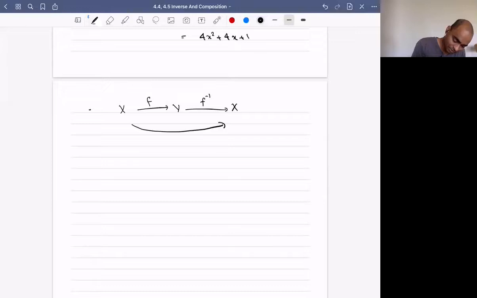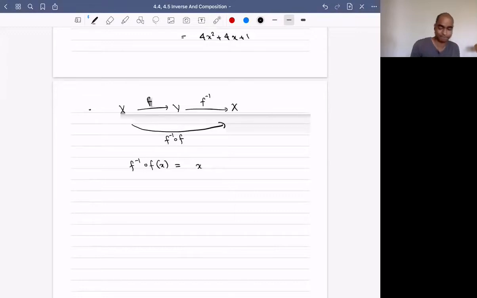Then what happens is this result gives me x back. And why is that? Because f takes x to y, but then inverse reverses the process, so it takes it back to x.